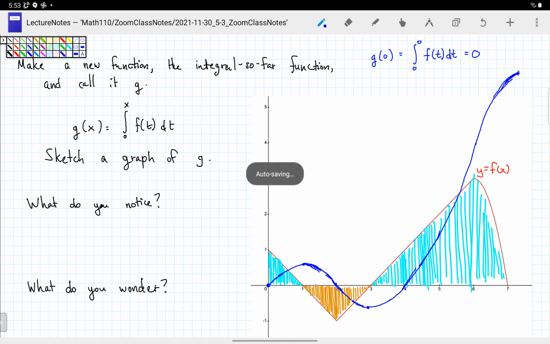And I just want to take a moment to write down a couple of the things that we noticed along the way. For one thing, wherever the function f is positive, the function g is going to be increasing, because as x motors along, I'm going to incrementally add little bits of positive area.